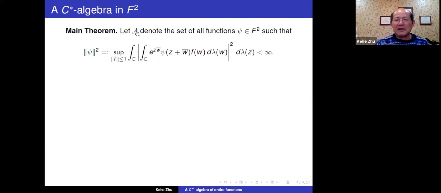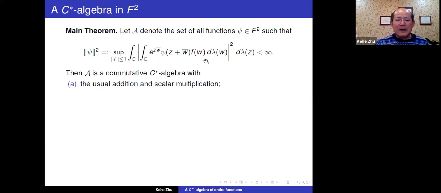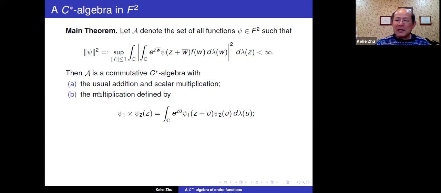So I've got a linear set, a norm, and then I claim that the A over here is actually a star algebra. In a star algebra, you need the linear operations, which will be the usual addition and scalar multiplication. You need a multiplication, and the multiplication is defined by this integral formula.